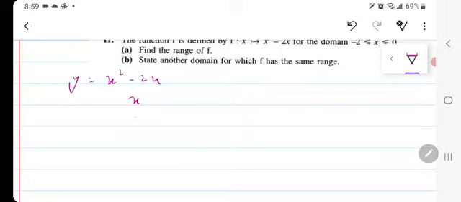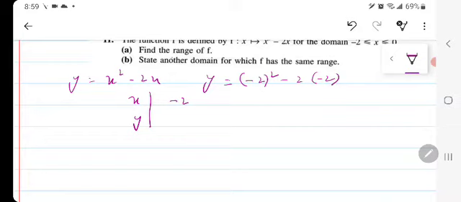So x and y, if I substitute -2, so square of -2 will be 4 and this will be y is equals to square of minus 2 into minus 2.